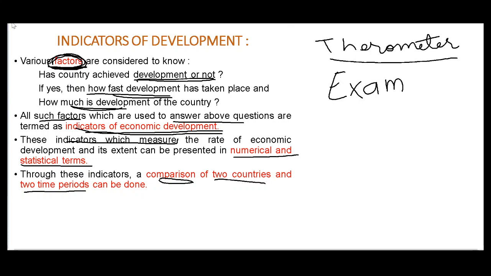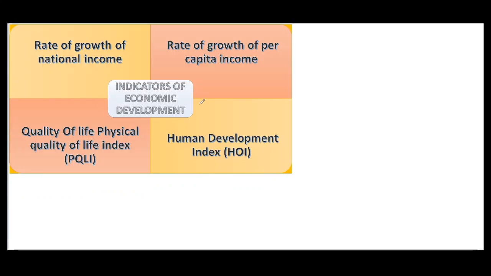Indicators of development. In this class we will see 4 indicators of economic development. Those 4 are: rate of growth of national income, rate of growth of per capita income, physical quality of life index, and human development index.